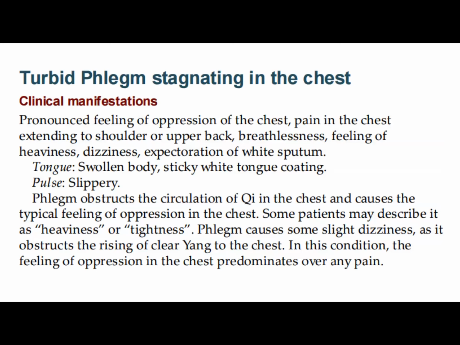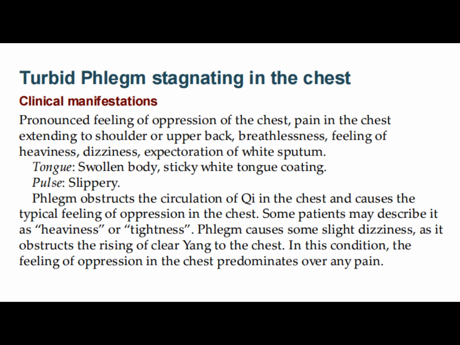We now discuss another pattern, an excess pattern: turbid phlegm stagnating in the chest. There is pronounced feeling of oppression of the chest, pain in the chest extending to the shoulder or upper back, breathlessness, feeling of heaviness, dizziness, expectoration of white sputum. Tongue: swollen body, sticky white tongue coating. Pulse is slippery.